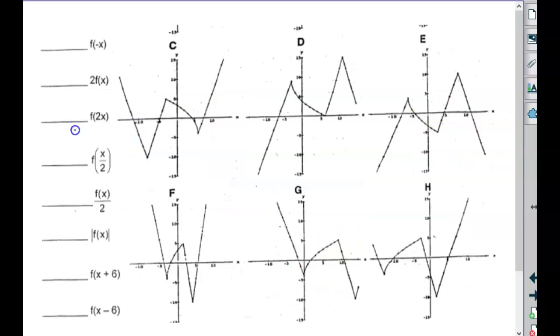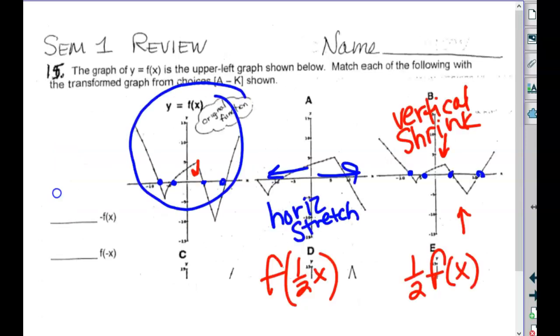1/2 x inside would look like this, and the whole thing over 2 would be the 1/2 on the outside. All right, then choice C, from the original here. I need to take a copy of that, I think.